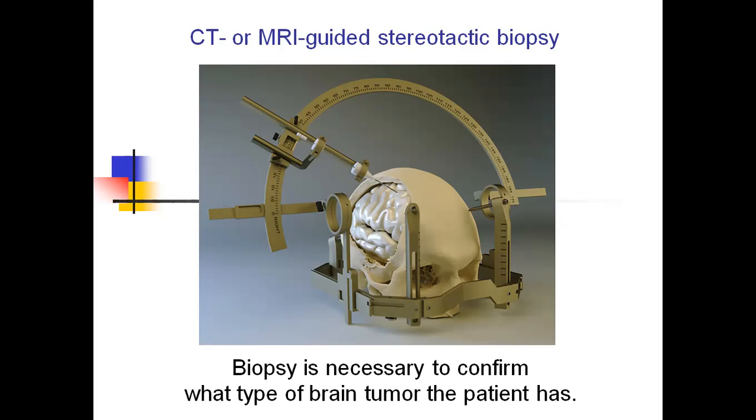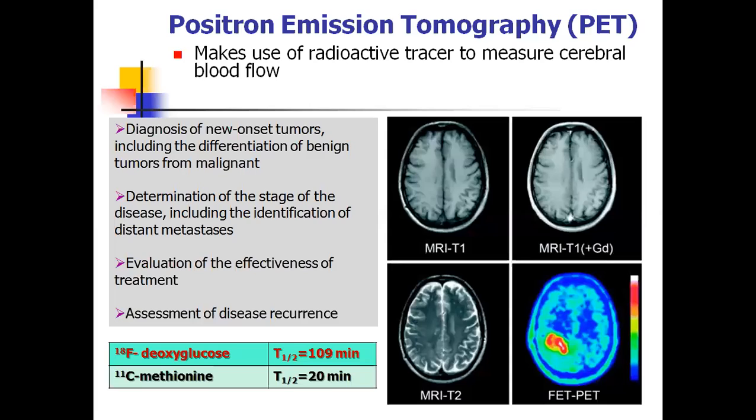Then a needle is inserted into a certain area of the brain, the area of our interest, and then a CT or MRI scan is performed, and when we ensure that the needle is placed correctly, we take a sample for morphological examination and confirm the diagnosis of malignancy of the brain.